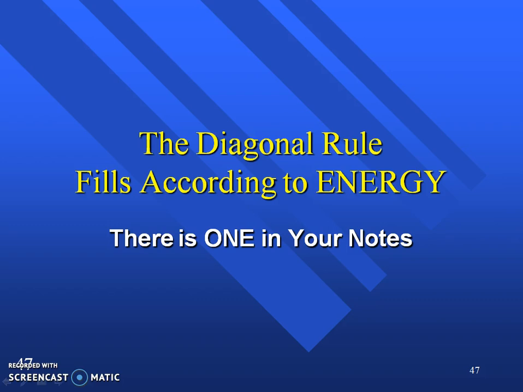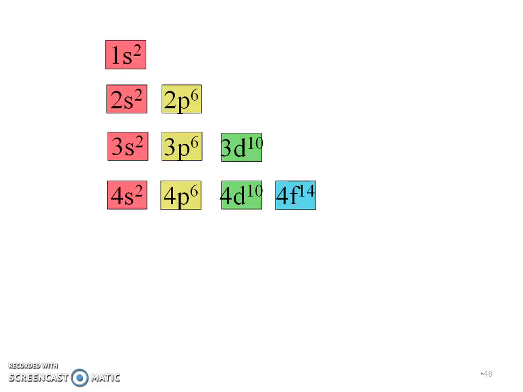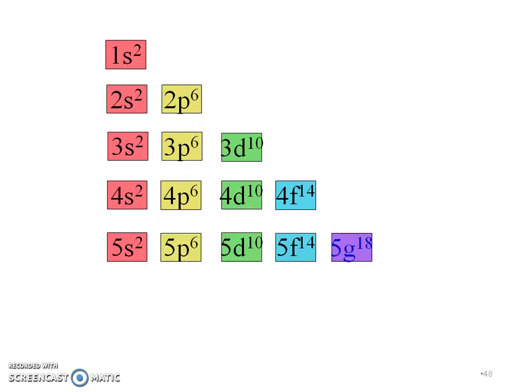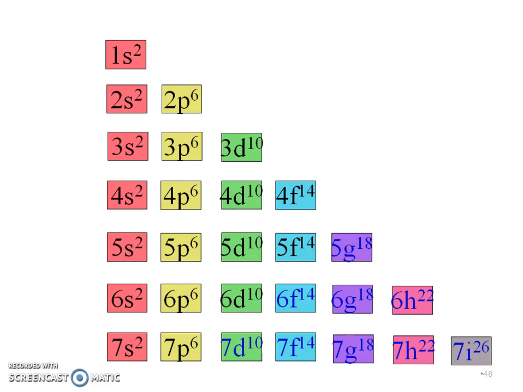They're going to fill up according to the energy, and there is one in your notes, but just to show you, the 1st energy level has 1 sublevel, the 2nd energy level is going to have 2, the 3rd is going to have 3, the 4th has 4, the 5th has 5, the 6th has 6, and the 7th has 7 technically, okay?